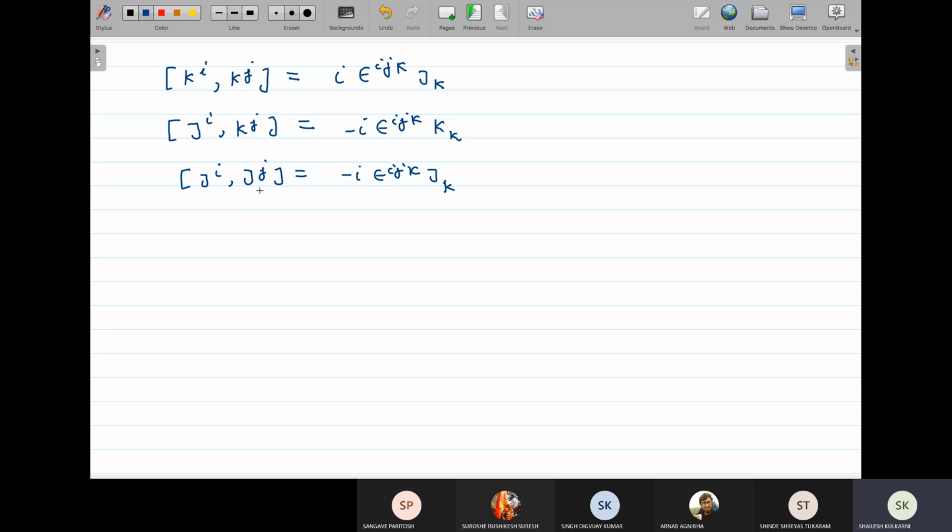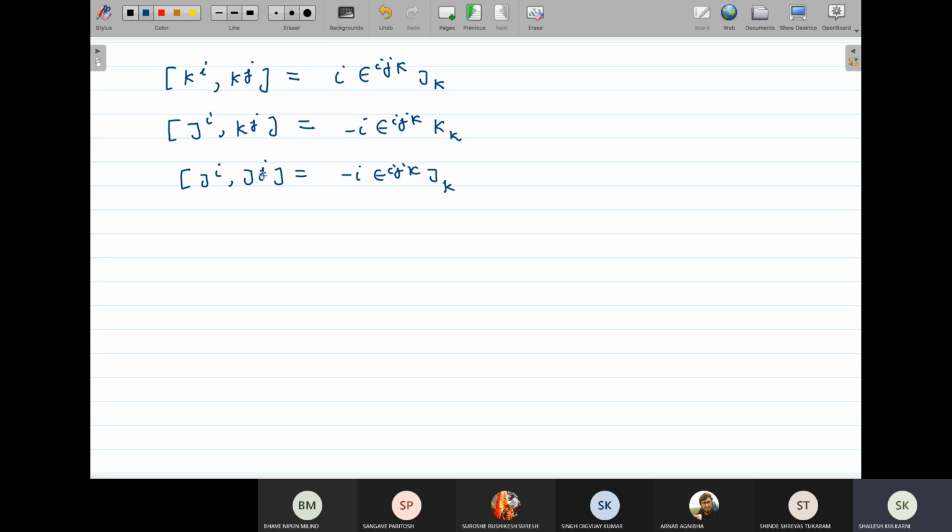The commutation between two rotations is a rotation. If you consider the generators of those rotations and take the commutation between two different generators, one representing rotation about the i-axis and the other the generator of rotation about the j-axis, you will get a rotation about the k-axis.